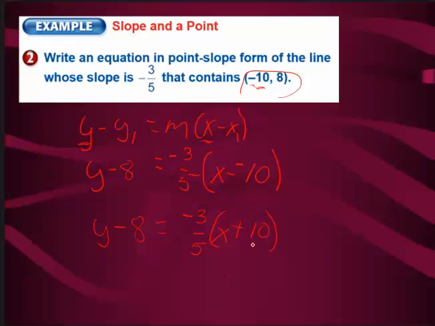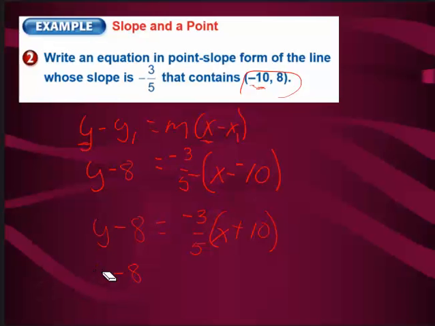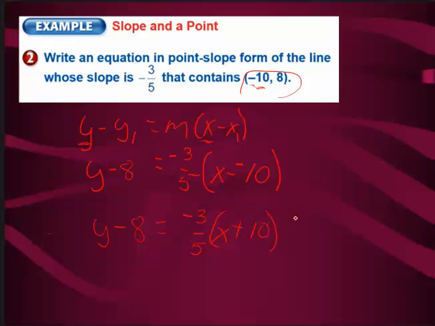Now I do need to get rid of these parentheses by distributing, but the left side of my equation can stay as is. Actually, we're just going to leave it that way. Let's erase that. Okay, we're going to leave it and box in our answer. That is point-slope form.